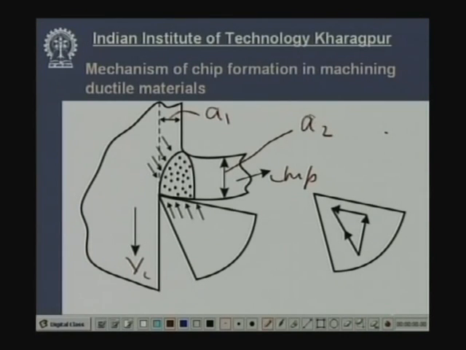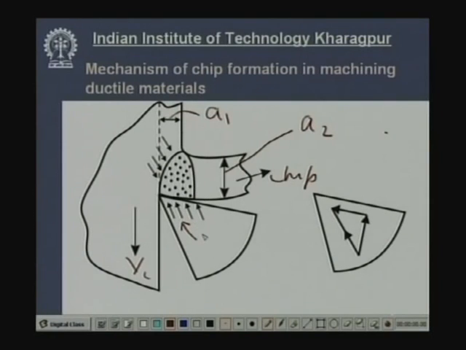denoted by A2. Now, the work material ahead of the cutting tool is subjected to almost all-sided compression. Here the forces are coming because it is trying to come down, so there will be a force, and this is a resisting force from the tool side. So the material here will be entrapped and subjected to almost all-sided compression.